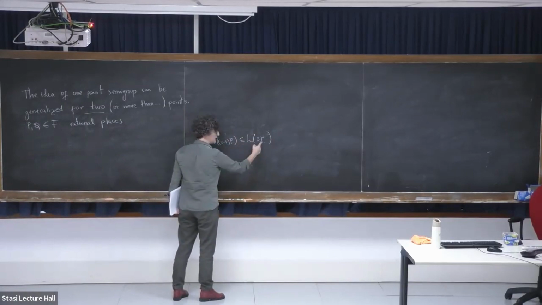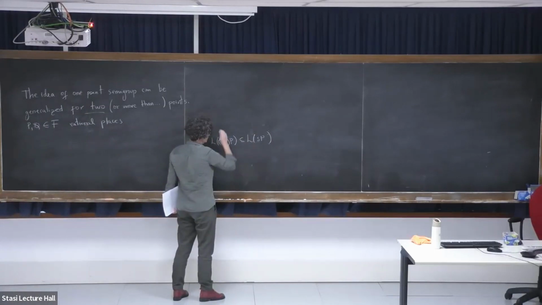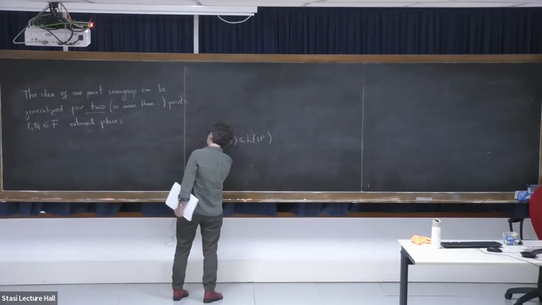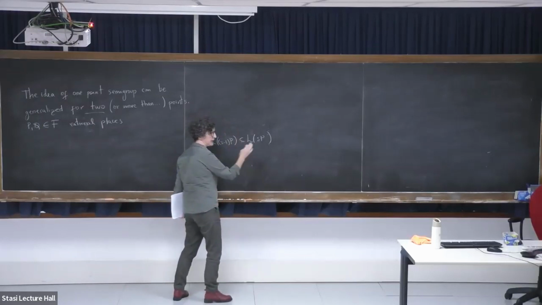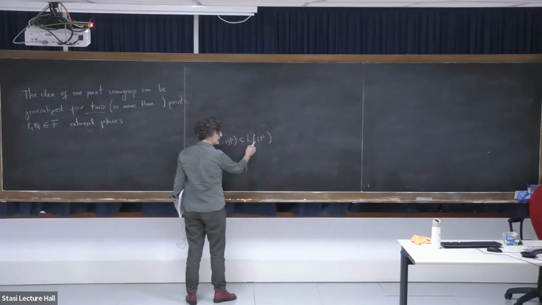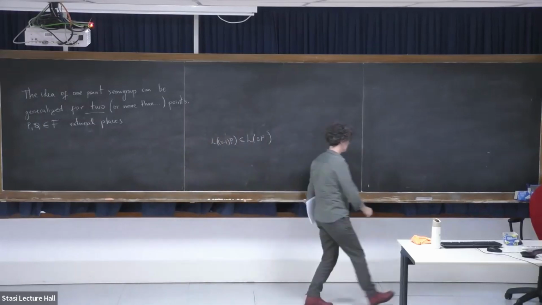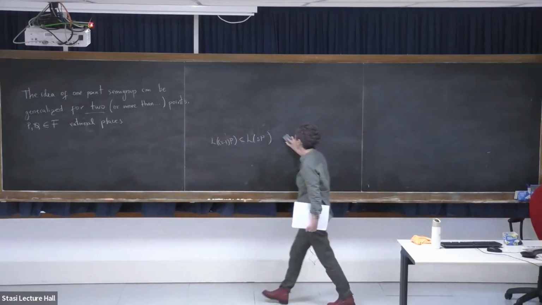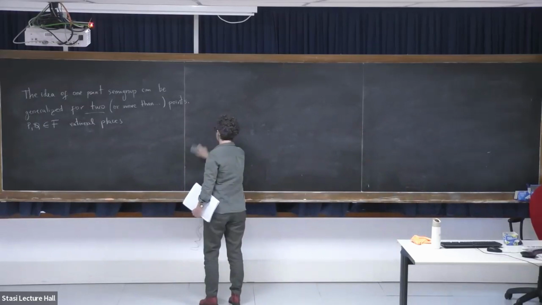So this guy has to be a degree 1 place. Of course, you can first study a semigroup with this guy being a place of degree 2 or 3, but if it's degree 2, the jump here can be more than 1. So you lose a little bit the control.